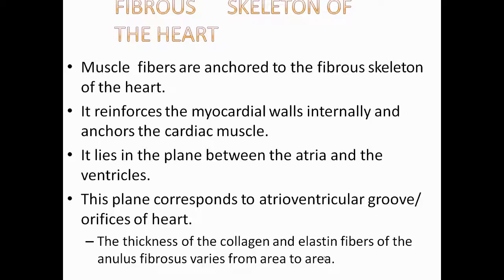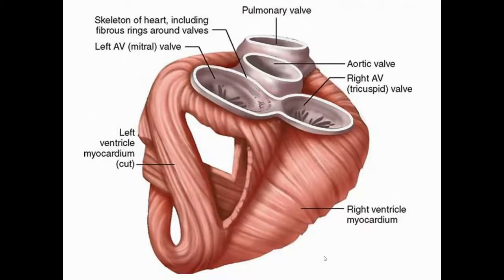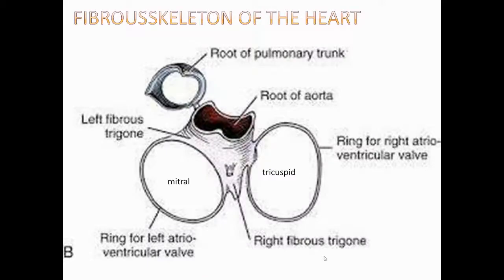The thickness of the collagen and elastin fibers of the annulus fibrosus varies from area to area. You can see in this picture there is a trigone, the root of the aorta, the root of the pulmonary trunk, and you can see the mitral and tricuspid valves, and there is a ring surrounding them.